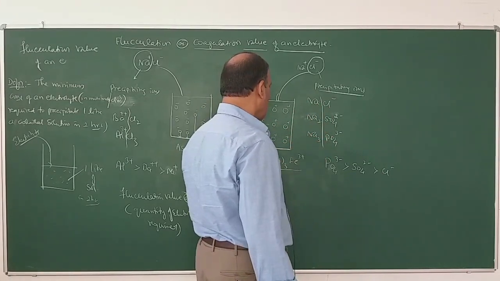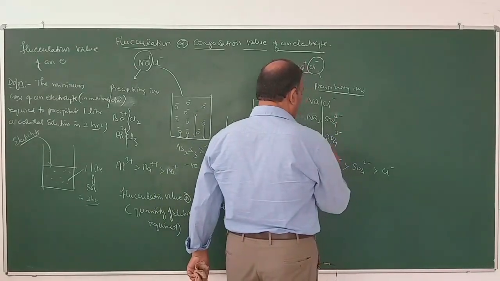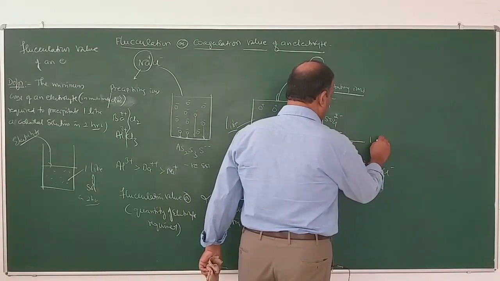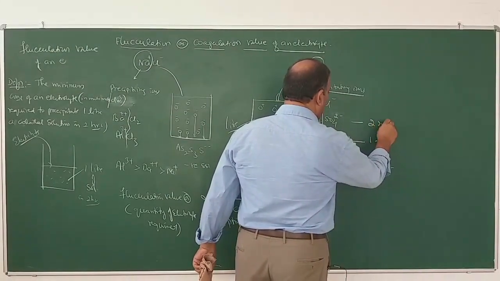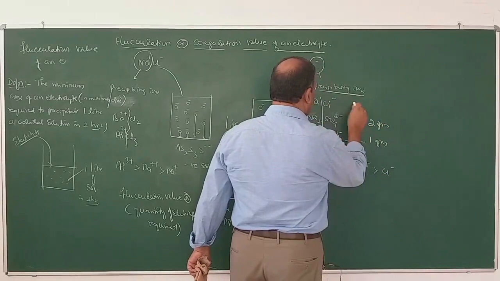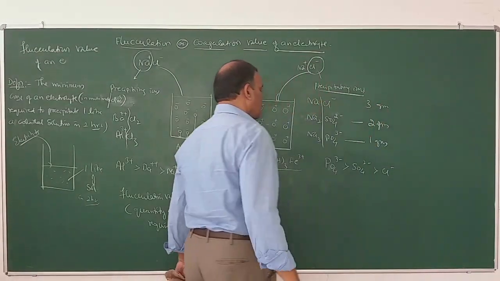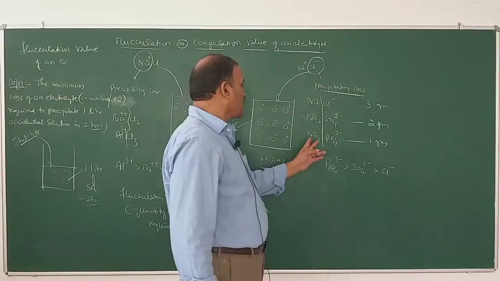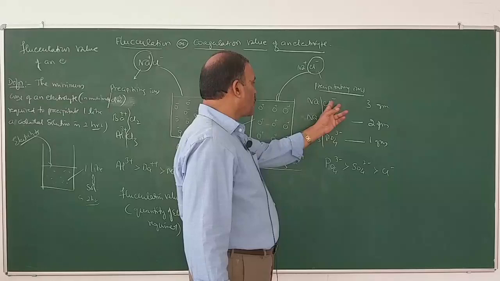By experiment it is found that the amount of sodium phosphate required is 1 gram, sodium sulfate required is 2 grams, and sodium chloride required is 3 grams. So which is required less? Sodium phosphate is required less when compared to sodium chloride.